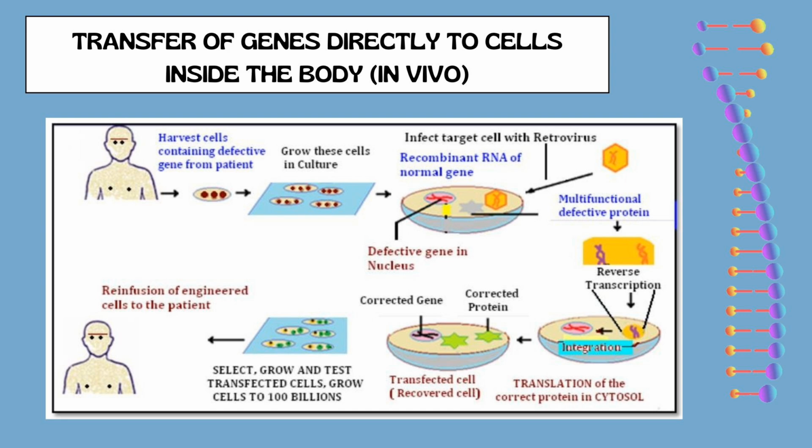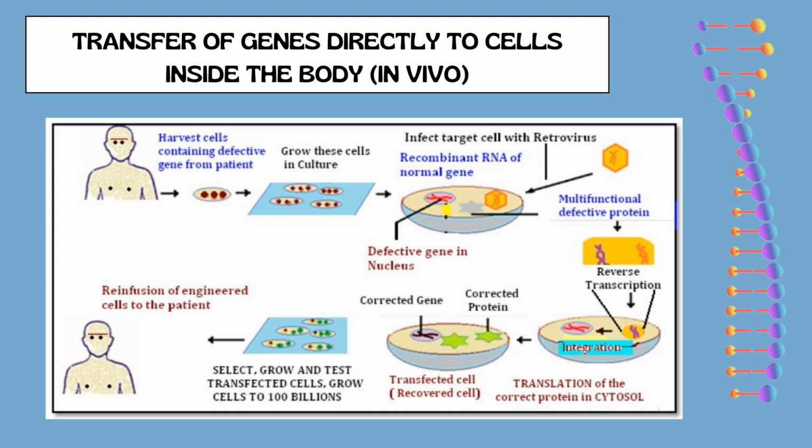Then sa reverse transcription and integration naman, yung inside the target cell, the retroviral RNA is reverse transcribed into DNA and integrated into the cell's genome, replacing the defective gene with a functional one. Then sa corrected gene expression naman, the corrected gene is now transcribed and translated, producing the correct protein.